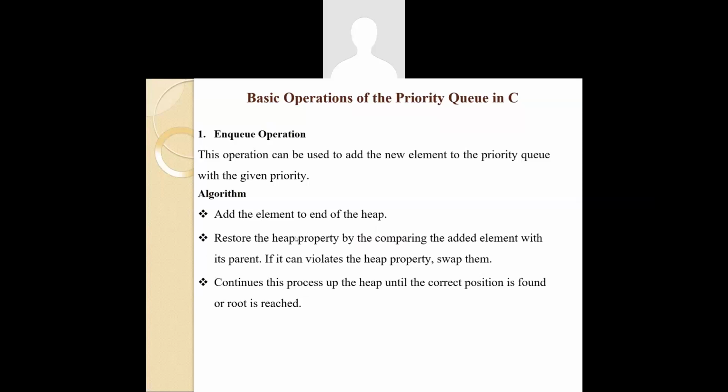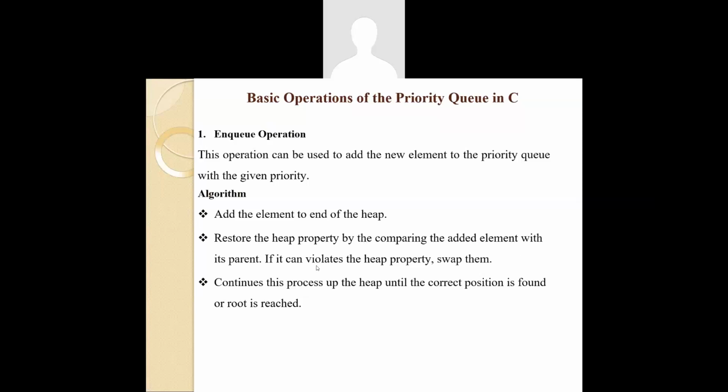Whenever I talk about priority with that heap memory, to add an element to the end of the heap, it's like a stack. Add an element to the end of the heap and restore the heap property by comparing the added element with its parent.